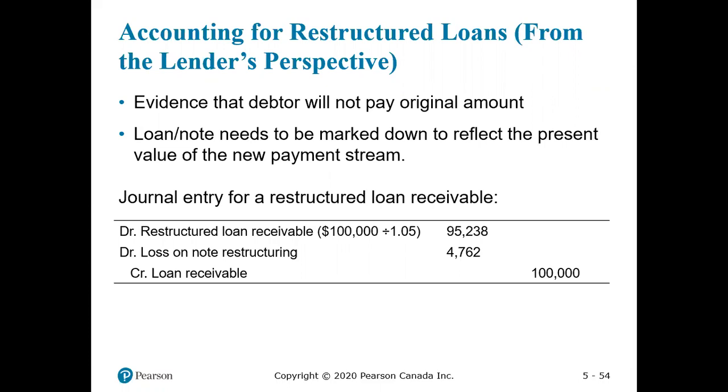The loan repayment of $100,000 was originally scheduled to be received on June 30th, 2018. However, the borrower had financial difficulties, so they couldn't pay that day as expected. Now they're expected to pay on June 30th, 2019, which is 1 year later. So you would have to redo the present value since it's a whole year later now, and the difference would be recorded to a loss on note restructuring.